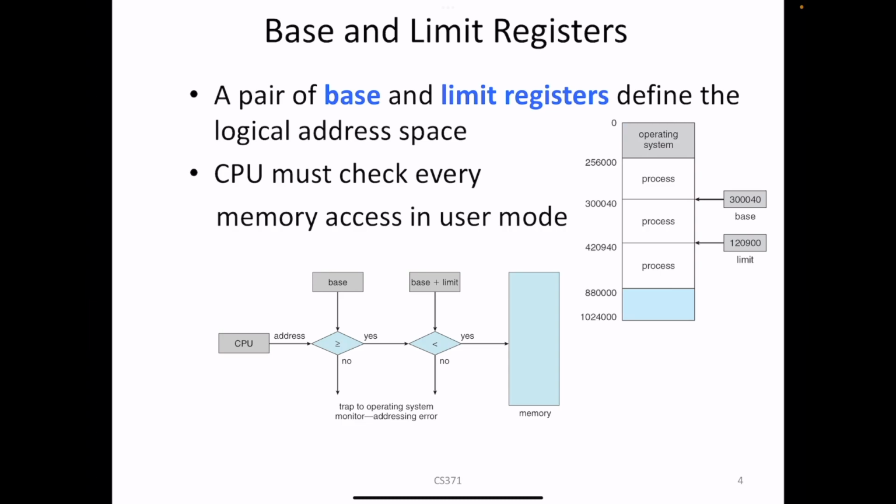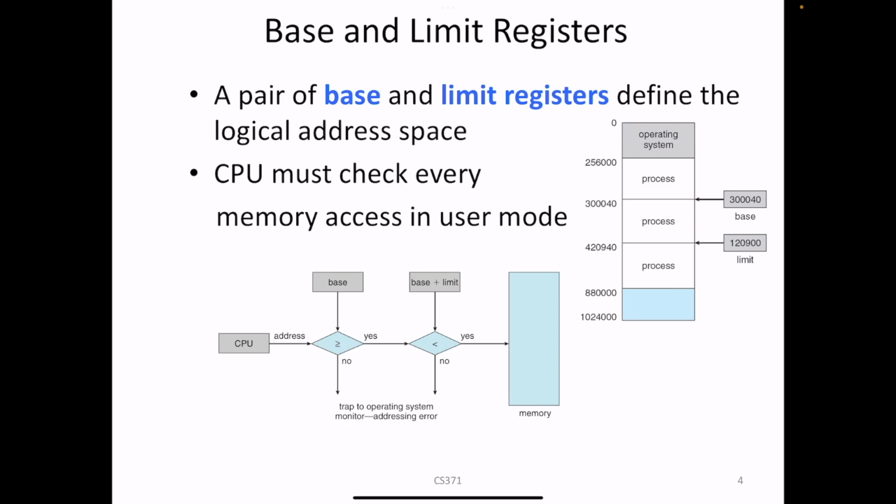The figure at the bottom of this slide shows us how to do it. Actually, it can be done in hardware so that it is very efficient and fast. When the CPU wants to access some address, firstly it will send this address to the hardware to see whether this address is greater than or equal to the base register.